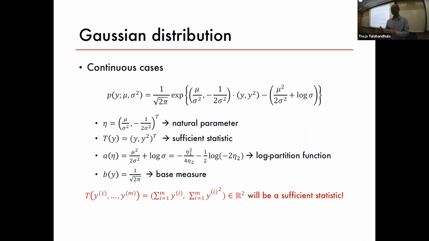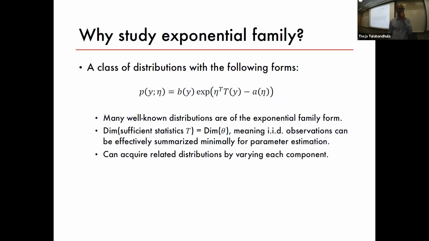Of course, to get to mean and variance, first you estimate the natural parameters eta 1, eta 2, and then from eta 1, eta 2 you can estimate mean and variance. So you don't need to keep the full data. Basically, that's the idea.